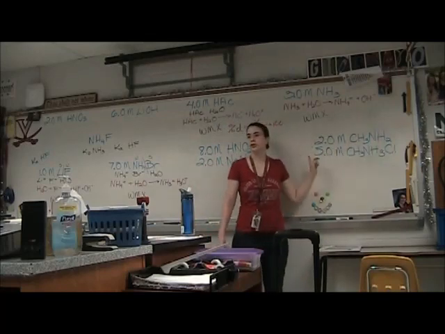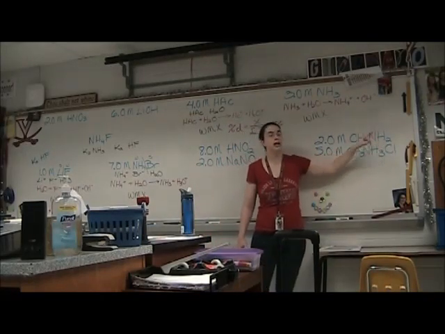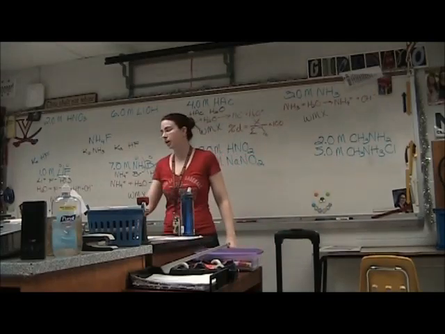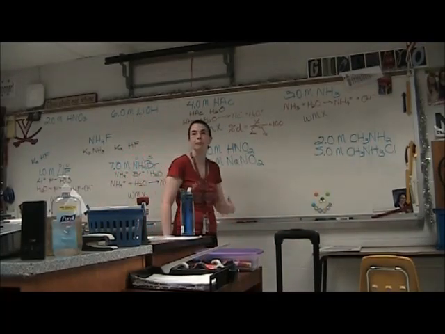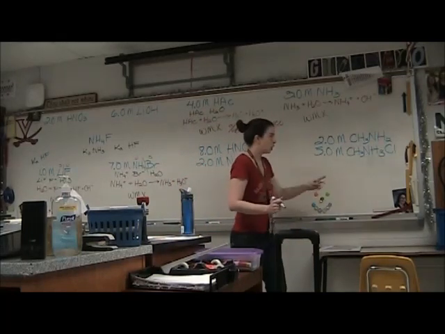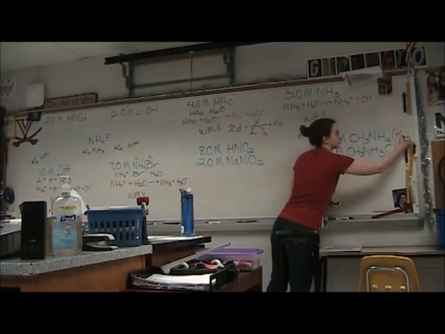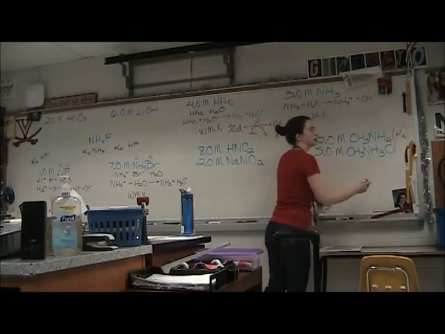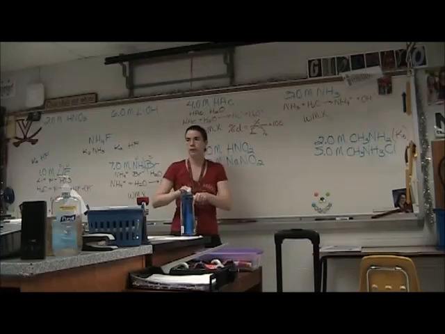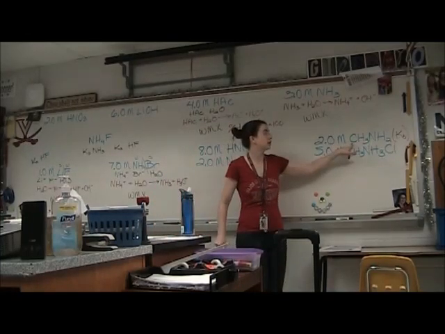Here's our next situation. Now folks, this first compound, CH3NH2, is not something I would expect you to just look at and immediately know what it is. But what if, right next to this compound, you're given a Kb? What kind of a base? A weak base. Okay, great.